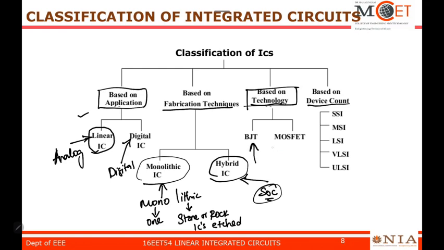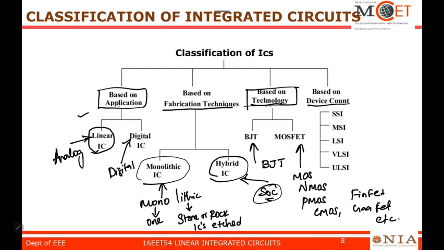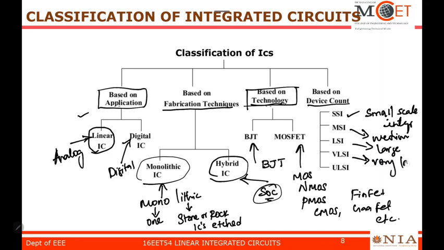Next is based on technology. What kind of technology the IC is using, whether it is a BJT, bipolar junction transistor, or a MOSFET, say MOS like NMOS, PMOS or CMOS, and some newer technologies are also available right now like FinFET, GAAFET, etc. And based on the device count, whether it is SSI, small scale integration, medium scale, large scale integration, very large scale integration, and ultra large scale integration.